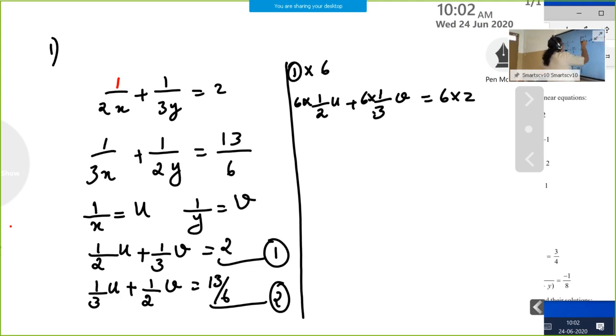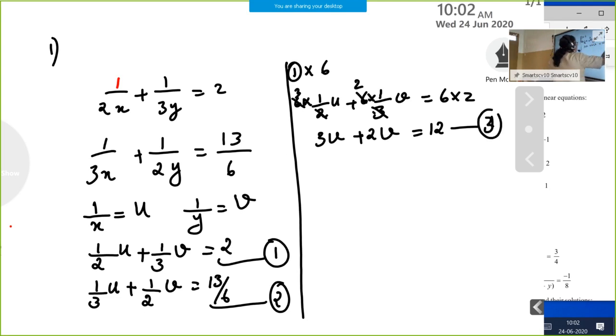Six and 1 by 2 cancel by 3, 6 and 1 by 3 cancel by 2, and 6 into 2 is 12. The equation becomes 3u plus 2v is equal to 12.